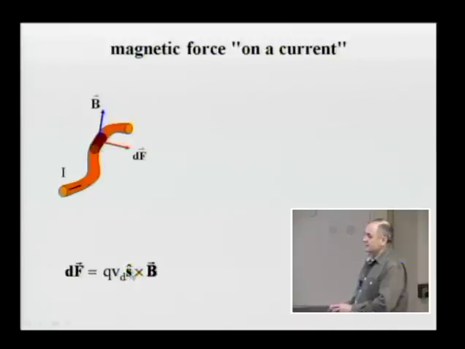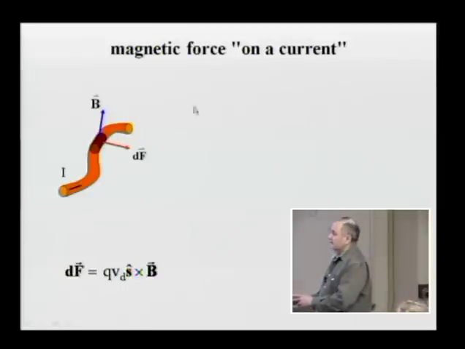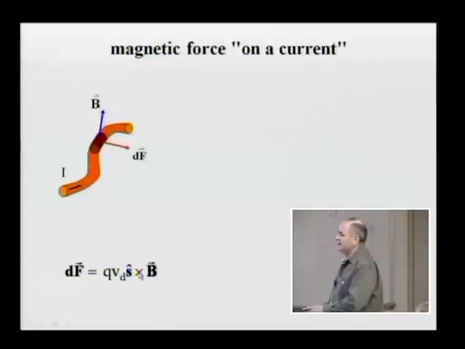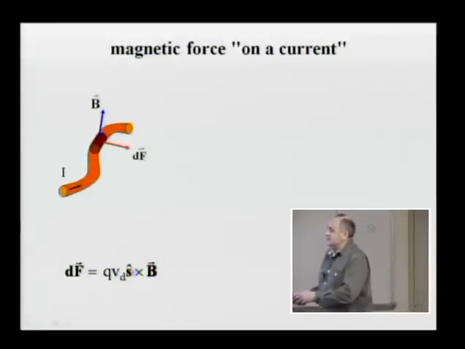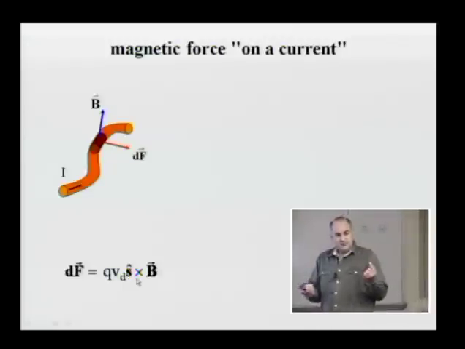I use the symbol S for it. So vector S is in the direction of the current, which is the direction of the orientation of the segment. Can you see it? Multiplied by the magnetic field at the location of the segment. So this expression gives me a force on a single charge carrier.